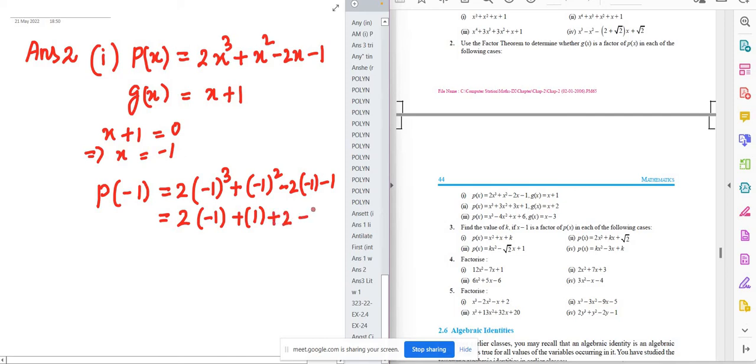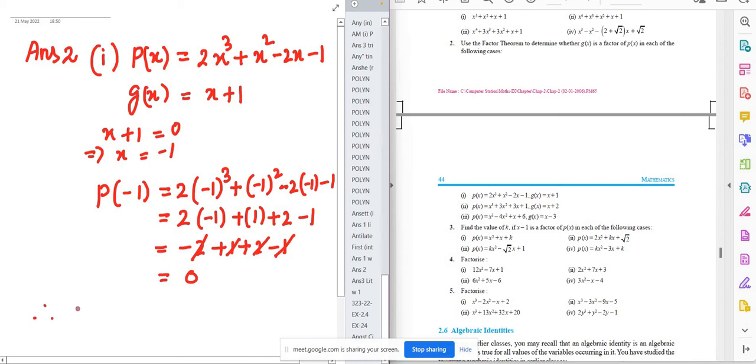Be careful here. So 2 into minus 1 is minus 2. Here plus 1, here plus 2, here minus 1. So minus 2 plus 2 cancel, 1 minus 1 cancel. So we are getting 0.